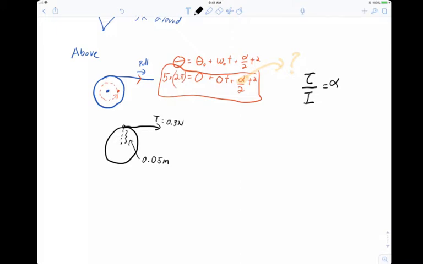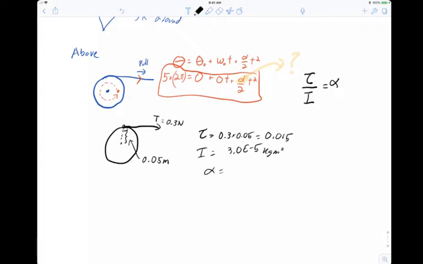Obviously it's a right angle, so the torque is 0.3 times 0.05, which is equal to 0.015. The moment of inertia is 3.0e minus 5 kilogram meters squared.